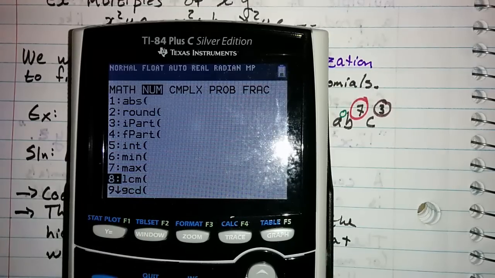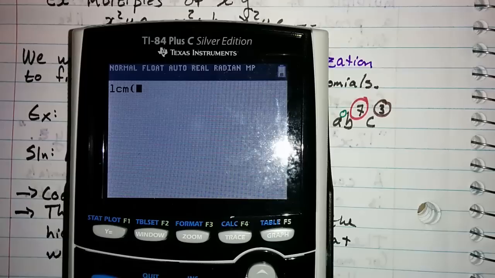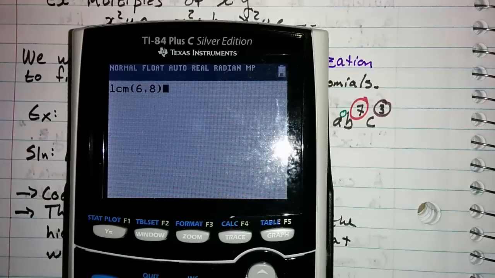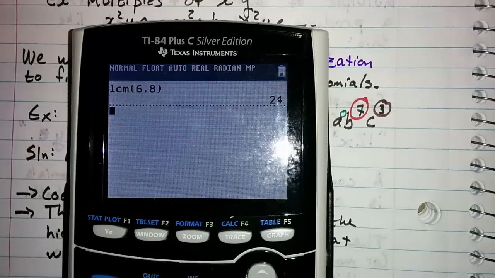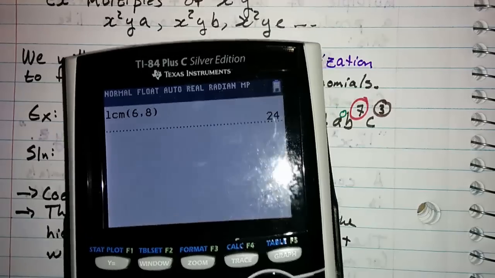Number 8 is the least common multiple. So I could find, for example, the least common multiple of 6 and 8 on my calculator. I see that it's 24. Just like the greatest common factor, these need to both be positive numbers because the calculator can only compute least common multiple for positive numbers.